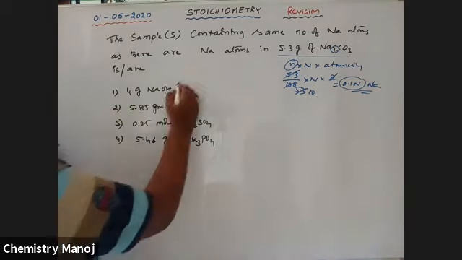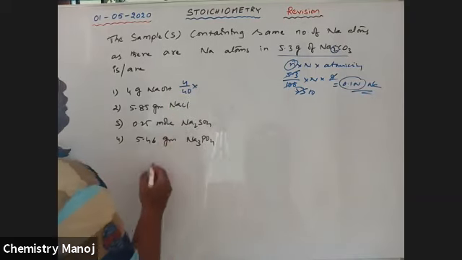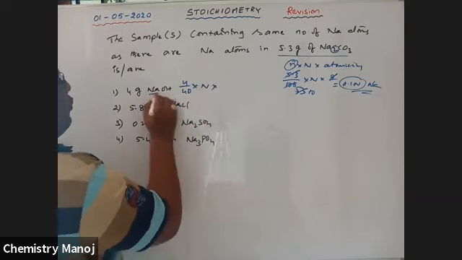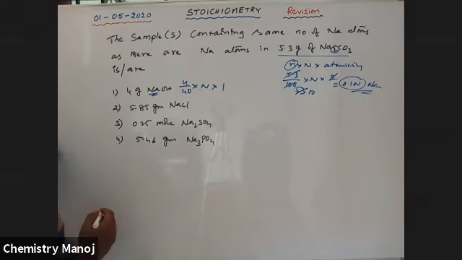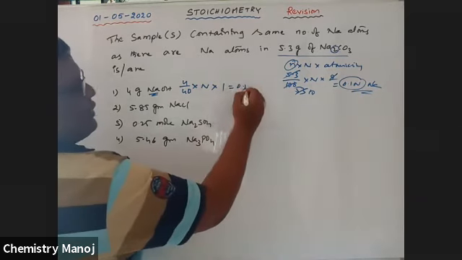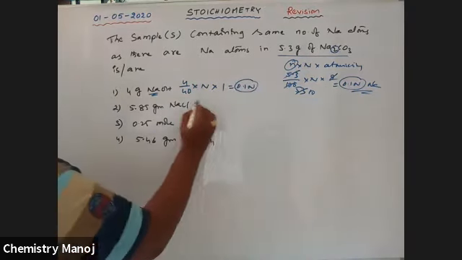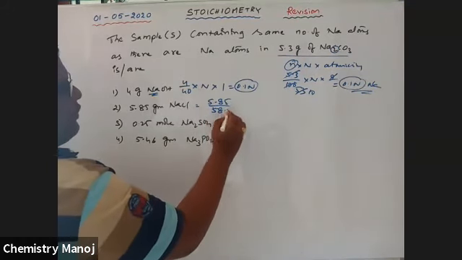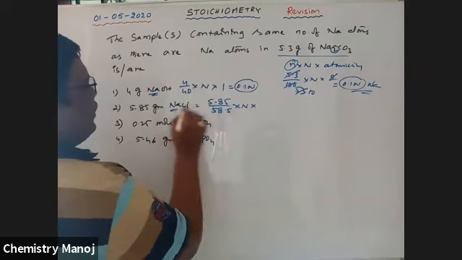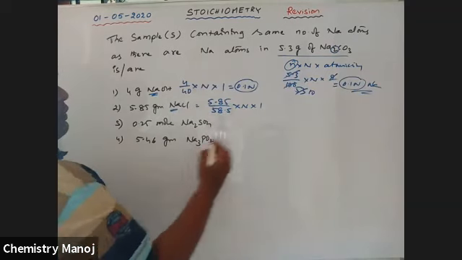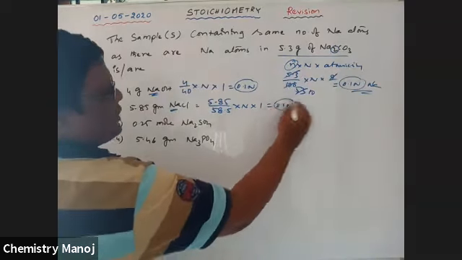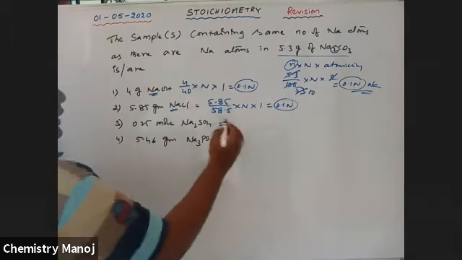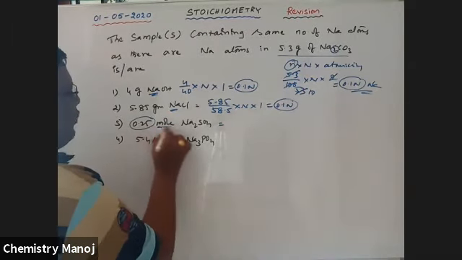So 4 grams, 4 by 40 into N into only one sodium atom. That is once again 0.1 N. For this, 5.85 by 58.5 into N into only one sodium atom, 1. That is equal to 0.1 N. This one also, 0.25 mole is directly given to you.